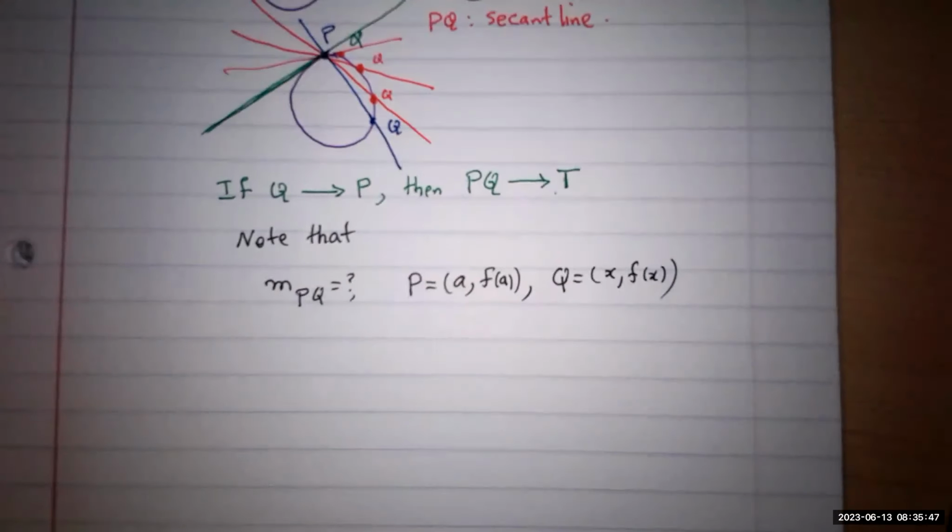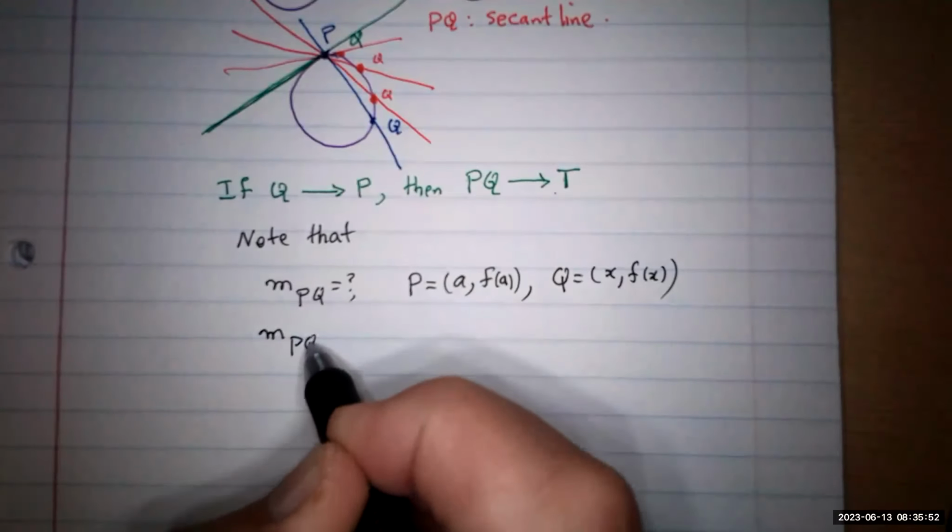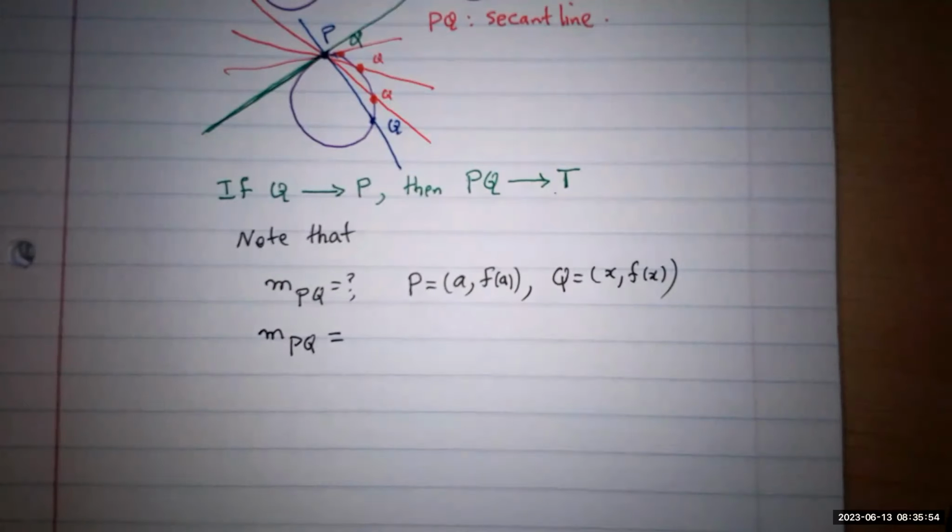I have 2 points. Do you remember the formula for the slope of a line when 2 points are given to you? No, not y equals mx plus b, the formula for the slope when 2 points are given. We call it the 2 points formula.